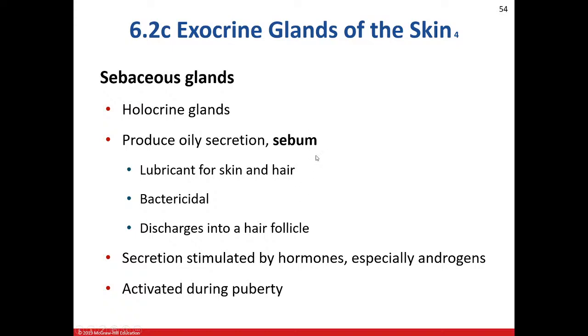Sebum is used as a lubricant for skin and hair. It is bactericidal. It can kill bacteria. And it is discharged from the hair follicle. Basically, the sebaceous glands secrete their product directly into the hair follicle, just like the apocrine glands do. Their secretion can be stimulated by hormones, especially androgens, and they are also activated during puberty.